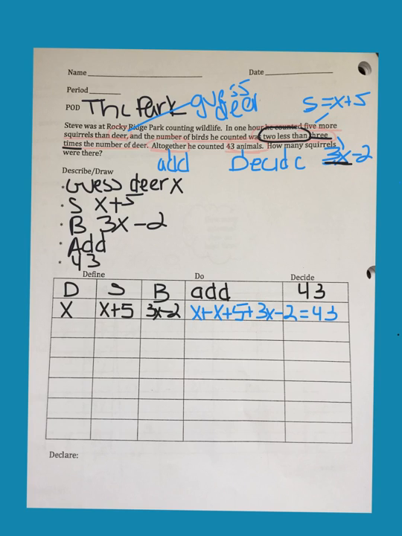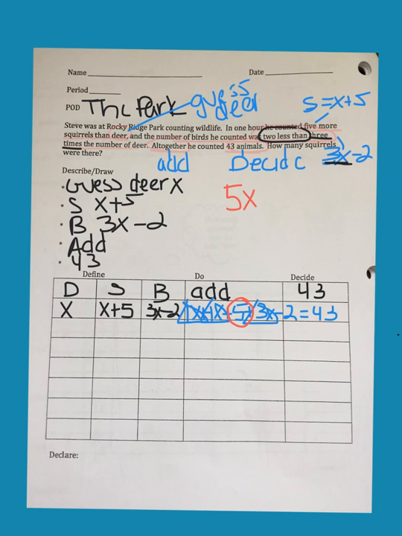So now I'm going to set up my equation, and then you can decide to either solve the equation or to do a guess and check. So I have 1x plus 1x plus 3x equals 5x. So I'm going to change colors again. So I have 5x up here.